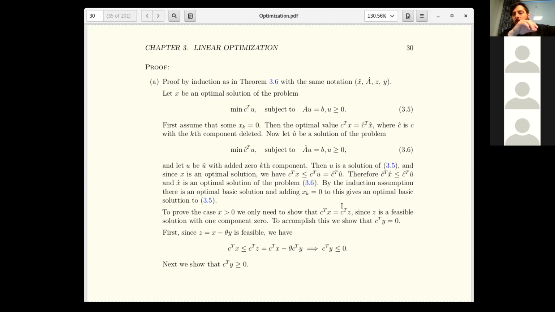Then we can just reduce the number of columns and ditch one variable, and we now have a solution to this, and it's optimal, and we can use the inductive assumption exactly like before. Now, if all the components are positive, so there are no zeros there, then we need to find a feasible solution which has at least one component that is 0.